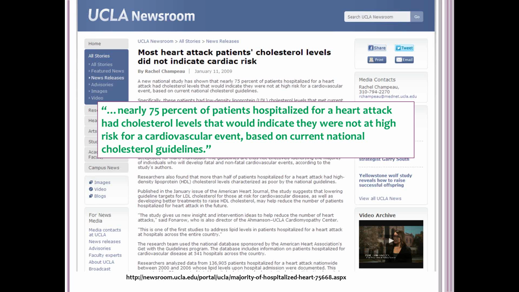So when I'm presenting some of this information to groups of people in live audience, I ask the question, okay, what do you think this paper concluded? Well, I'll just go ahead and give you the punchline, and that is that they concluded we need to make our lipid guidelines more stringent and more narrowed, more strict. And of course, that's what they did last year here in the States.